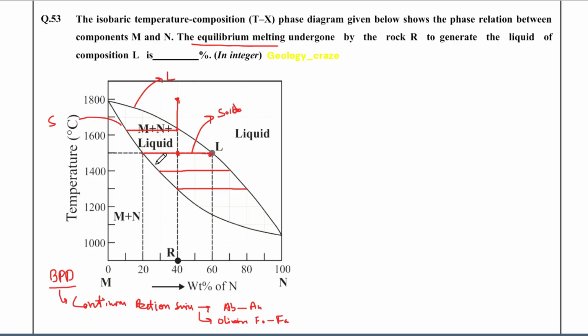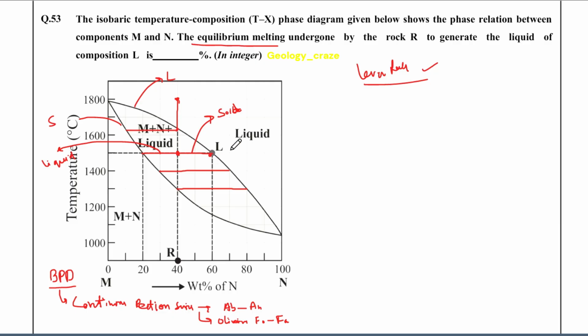And on this lower side, where we are getting solid and the liquid plus solid contact, we call this line the liquidus composition percentage. The liquid percentage we calculate from here. Actually we use the lever rule, but without using the lever rule I will calculate this just by seeing the graph.